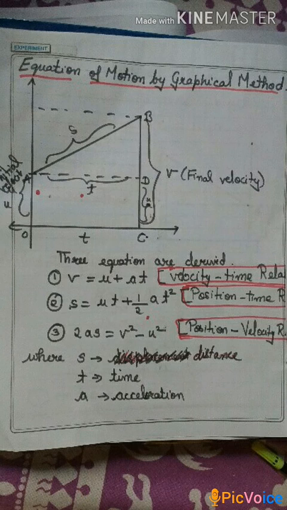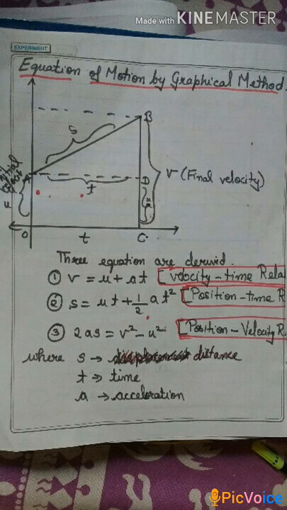The time taken to cover a distance is denoted by t, that is OC and AD are equal to t, whereas OA and CD are equal to u, and AB is the distance traveled by the object. With the help of all this, we will derive the three equations.